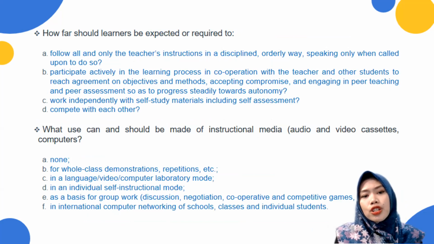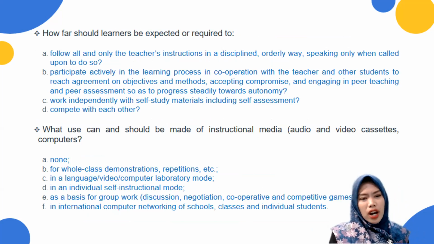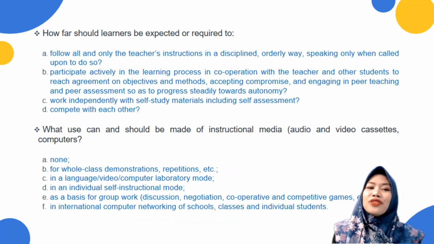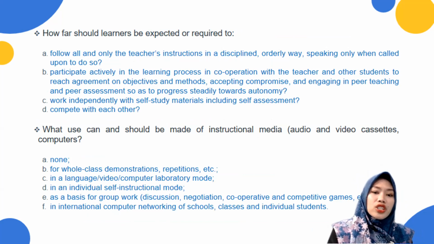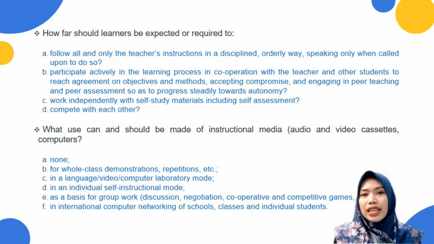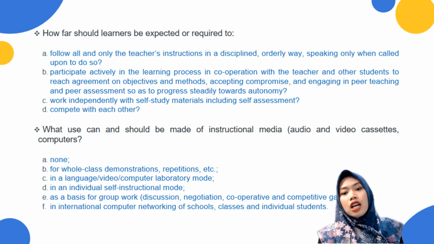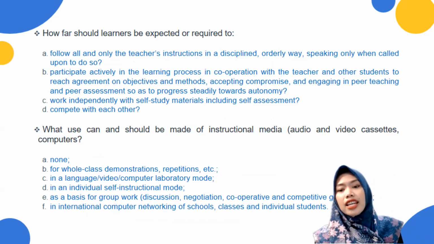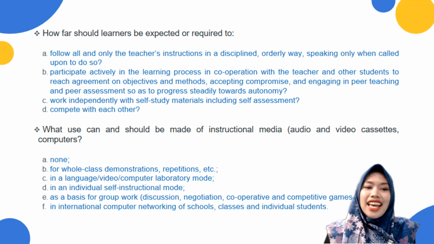How far should learners be expected to follow all and only the teacher's instruction in a disciplined, orderly way, speaking only when called upon to do so, and then participate actively in the learning process in cooperation with the teacher and other students to reach agreement on objectives and methods, settling compromise and engaging in peer teaching and peer assessment so as to progress steadily towards autonomy.